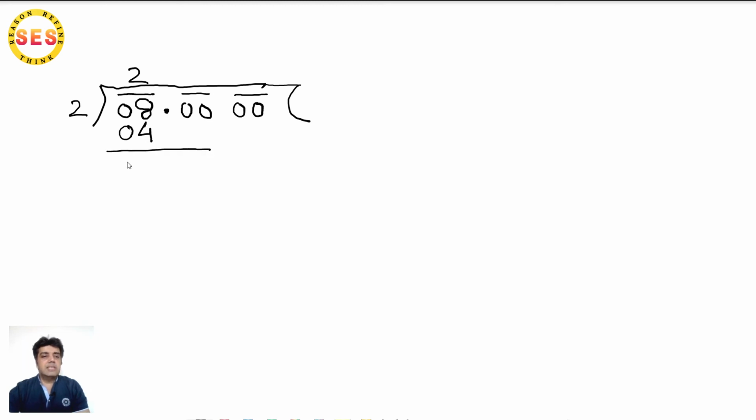Once I have written it as a 04, I know I need to subtract this, and I am getting what? 4. Now 4 followed by this should come down as it is. Now in order to make it come down, I need to put a decimal point here. Once I have put the decimal point, I can borrow this pair of digits, the pair of zeros here, to perform the second division.